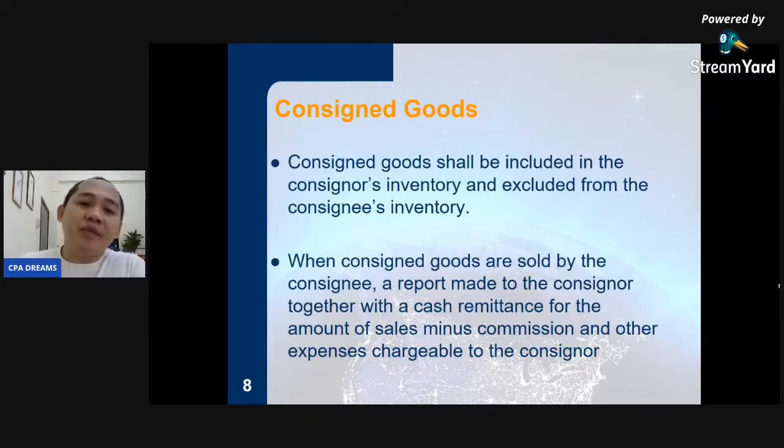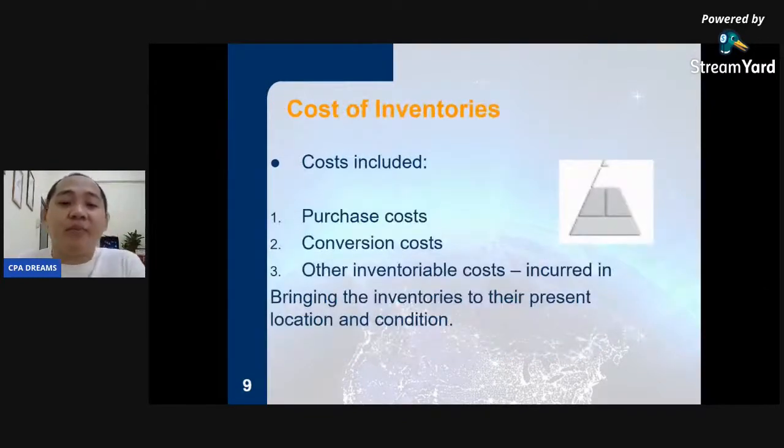Okay? Now, punta tayo sa cost of inventories. Ano ba ang kasama sa mga cost? Okay, dito papasok yung purchase cost, conversion cost, and other inventoriable costs. Pag sinabing purchase cost, dito papasok yung purchase price, freight, handling charges, no, broker's commission fees.